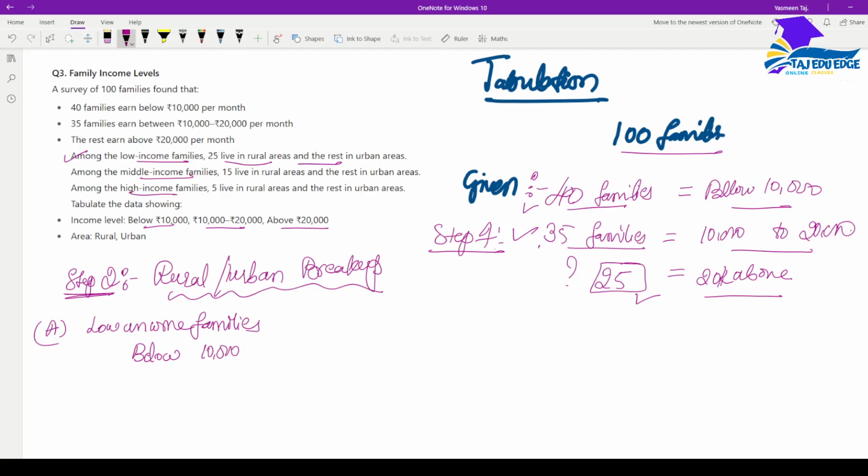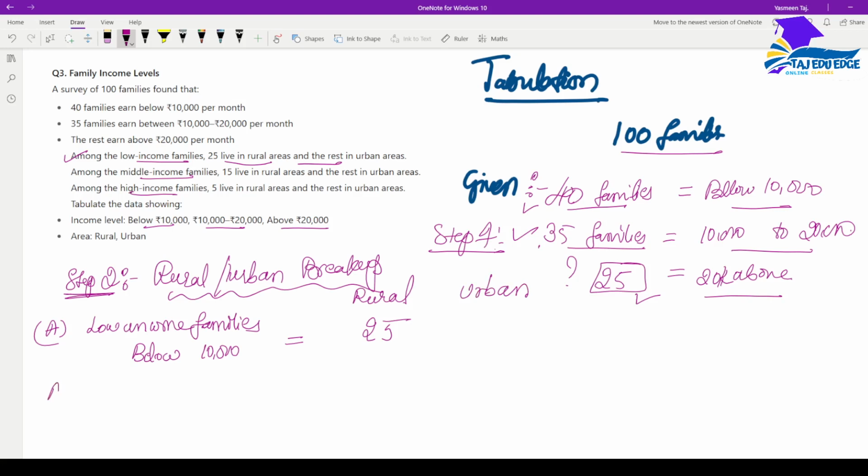In that, they said in rural 25 are living. They did not say how many are living in urban. We will find out later. In urban, they have not specified.